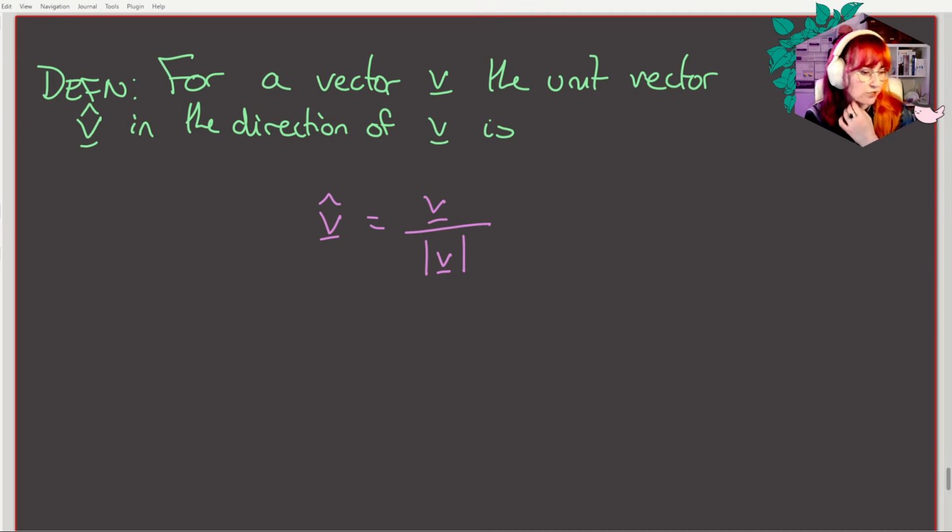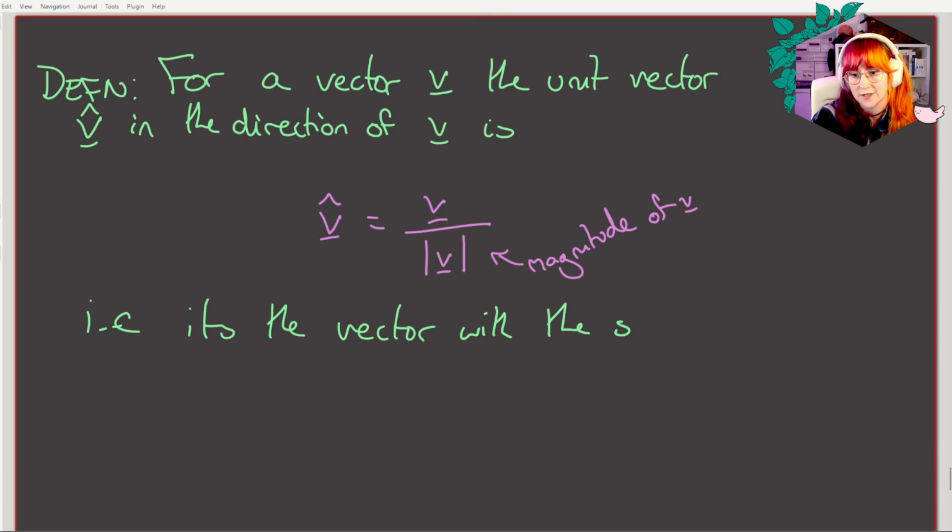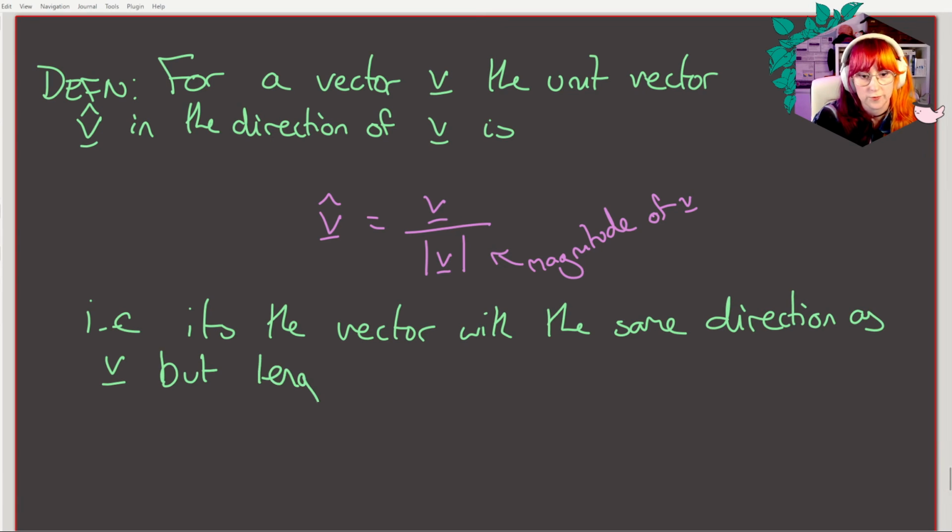Don't want to change notation on you too quickly. Where that's the magnitude of v. So basically, i.e., it's the vector with the same direction as v, but length 1.